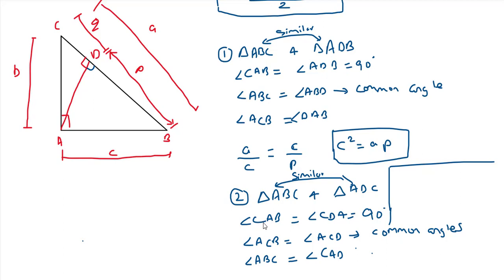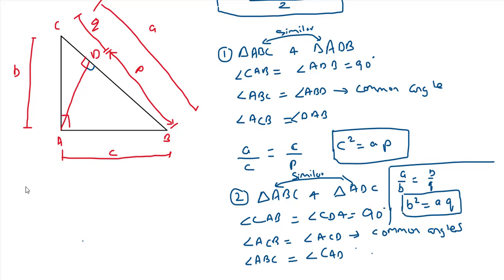For angle CAB, the side opposite to it is A, and for angle CDA, the side opposite is B. So we'll get the ratio A by B, equal to, for the next pair of angles, the side opposite to angle ABC, which is B, and the side opposite to angle CAD, which is Q. So we'll have the ratio B by Q. From here we will get B square is equal to A into Q. So this is the second relation that we have arrived at.